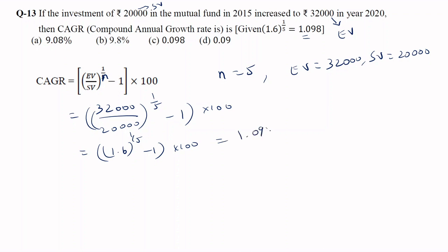It is 1.098 minus 1, into 100. So this is 0.098 into 100, or it is 9.8%. So the correct option is option B, 9.8%. Although 9.8% is the same as 0.098, we have to choose only 9.8% because the compound annual growth rate is always expressed in percentage. So this is the correct option.